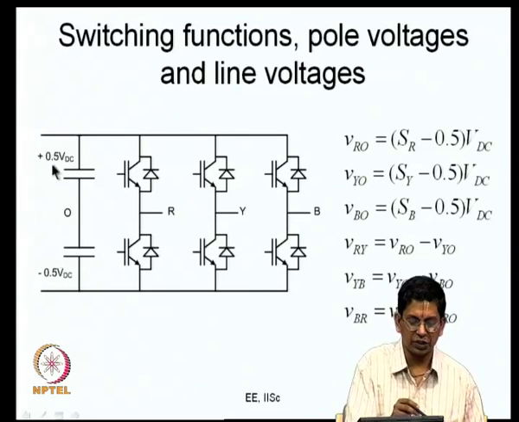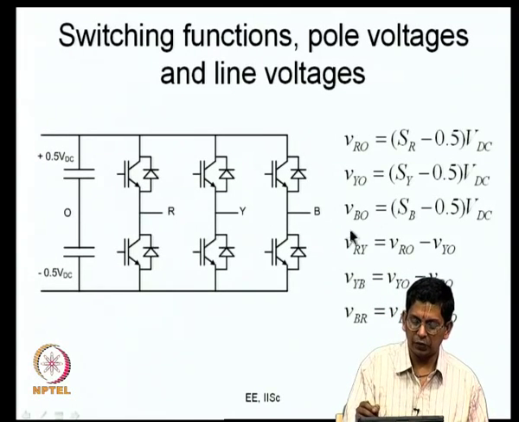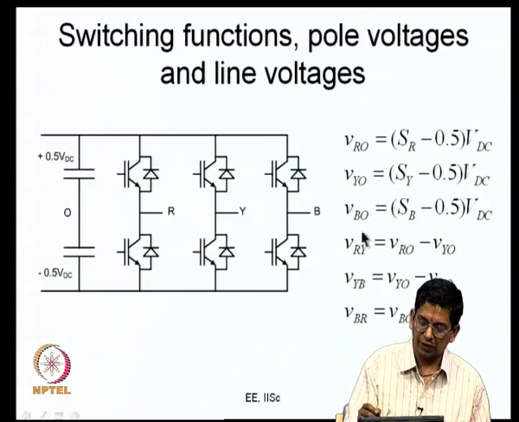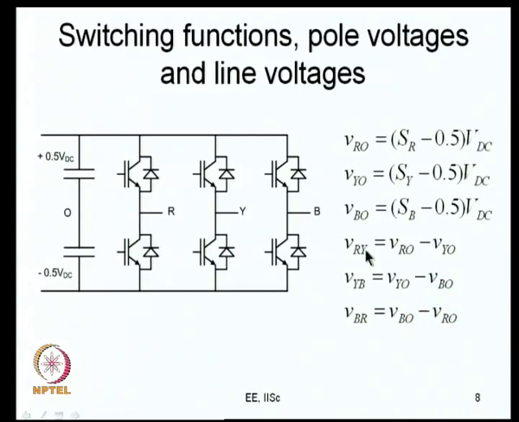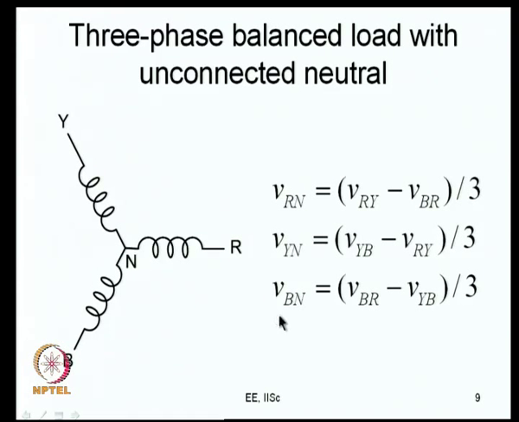With the switching functions on the DC voltage, we write the 3 phase pole voltages like this, and then we write the 3 phase line to line voltages as I have shown here. And from here you can write down the 3 phase line to neutral voltages as I have shown there. So, up to this you come to the AC voltages.